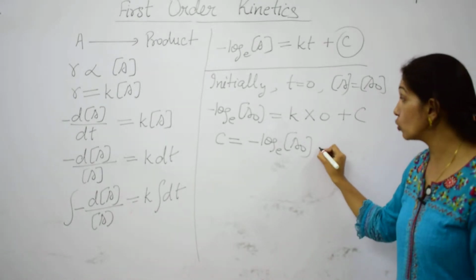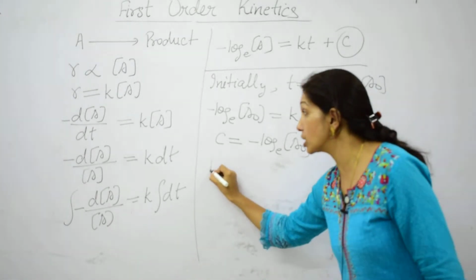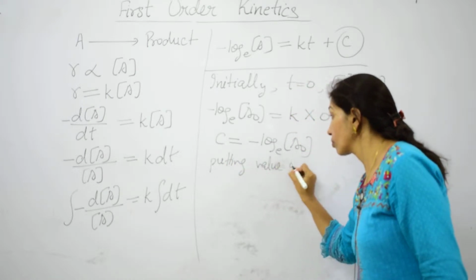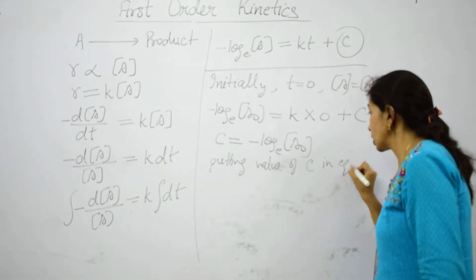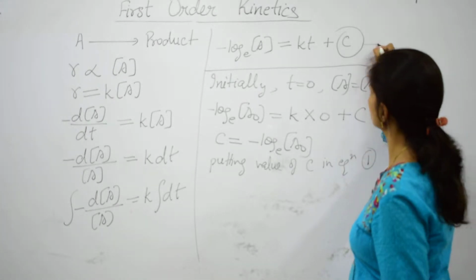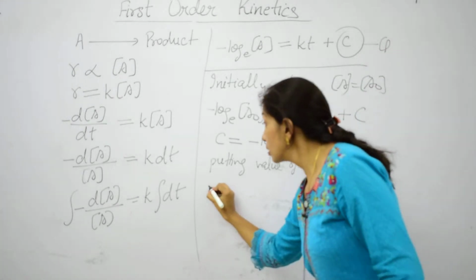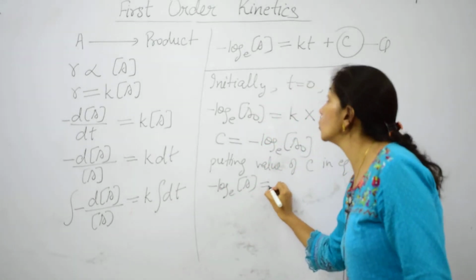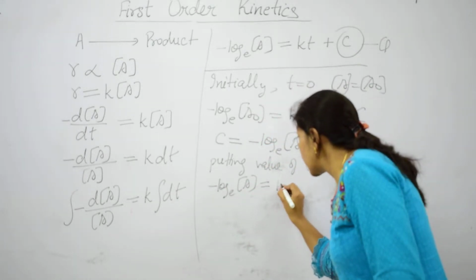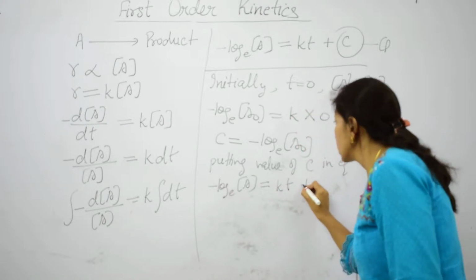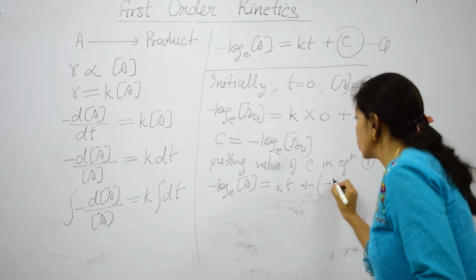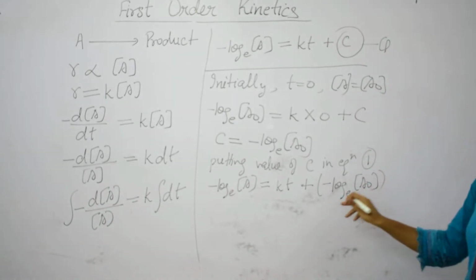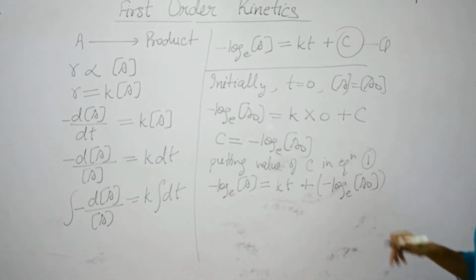So, putting the value of constant in equation 1, we get minus log base E A is equal to Kt plus minus log base E A naught, the value of C.